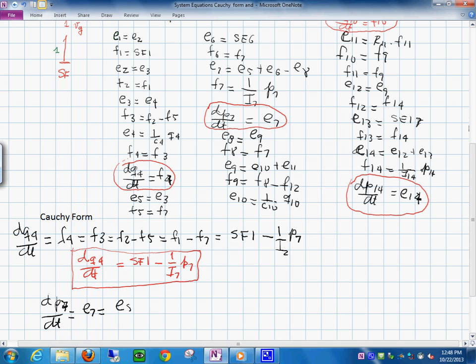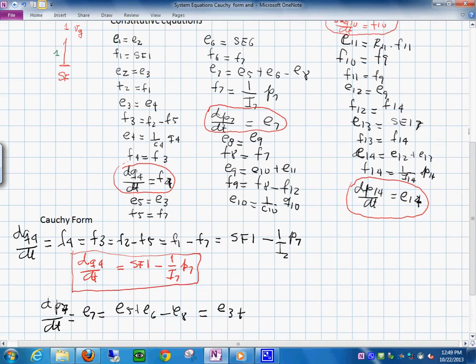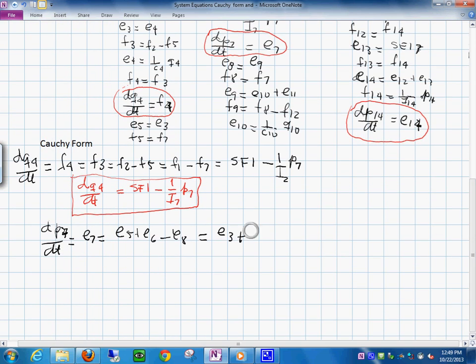f11 is f9, but f9 is f8 minus f12. Okay, and what is f sub 8 is f7, and what's f sub 12 is f14. We have F7 is 1 over I7 times P sub 7, which is what?